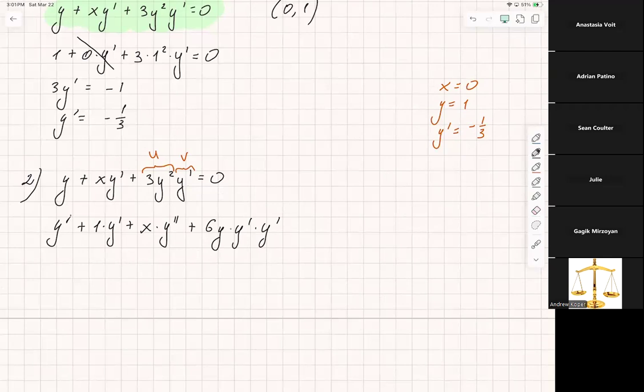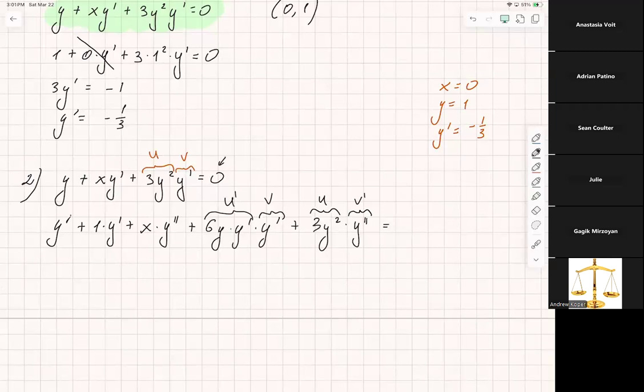So this whole thing is your u prime times your v. Now plus, we rewrite the u, 3y squared, and now times the derivative of y prime, which is y double prime. So this is your v prime.